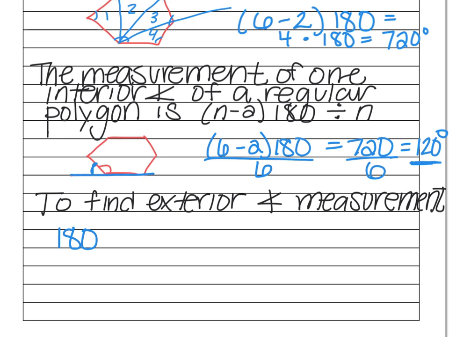So if I take 180 and subtract my interior measurement of 120, I can find what that blue angle measurement is, the exterior angle measurement, which is 60 degrees.